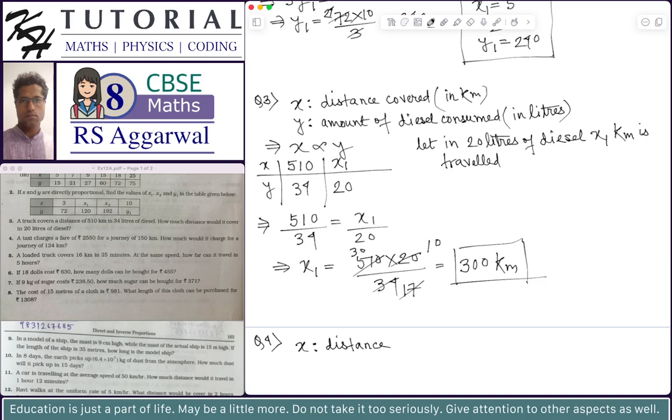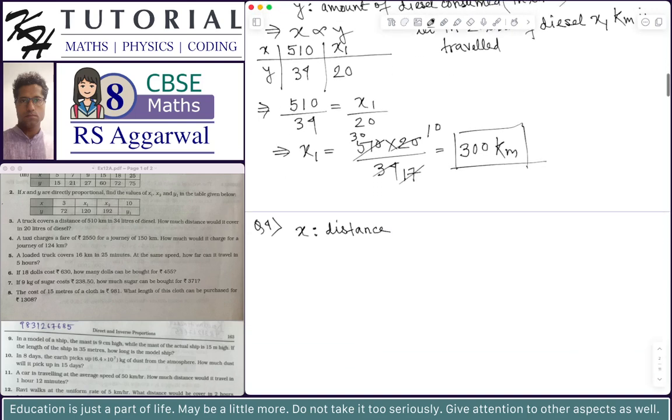The more important thing is that you should identify the two quantities involved in solving the problem. Then you can consider x to be one quantity and y the other, create the table of x and y, make the ratio of x and y the same for all the corresponding values, and then you solve the unknown.